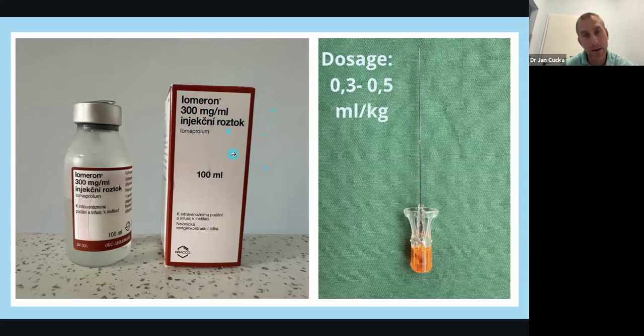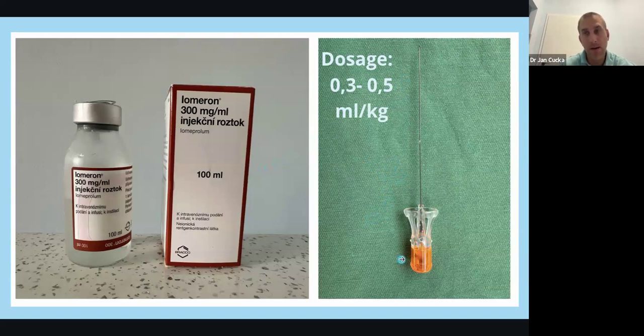And it's better to increase the volume for better visualization. So I use it quite a lot, and in my hands it makes big differences and nicer quality of images. On the right picture, there is a spinal needle.